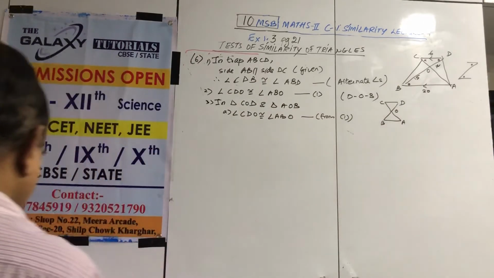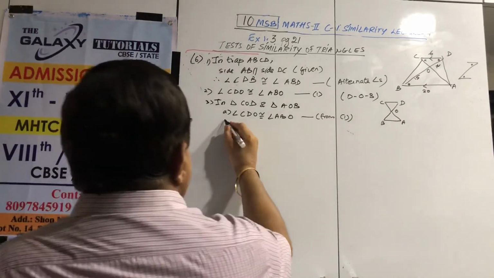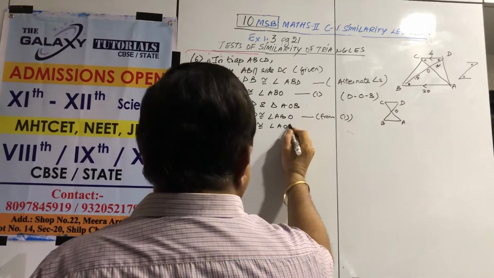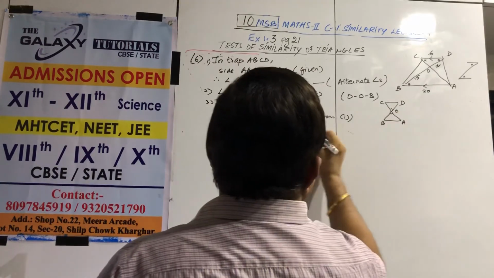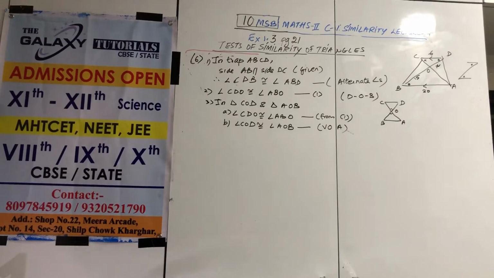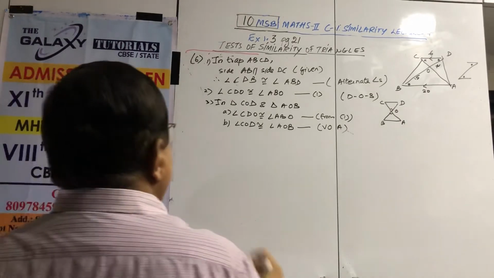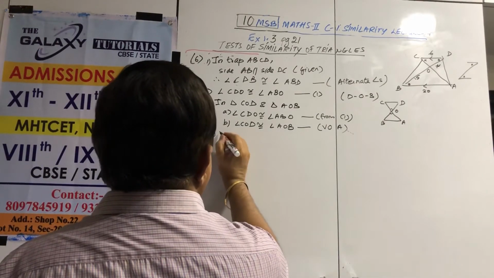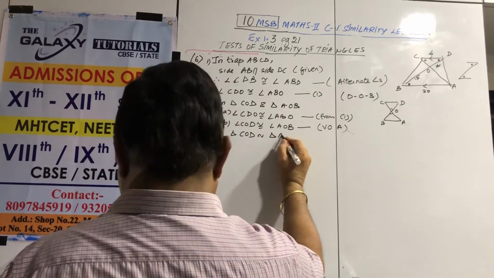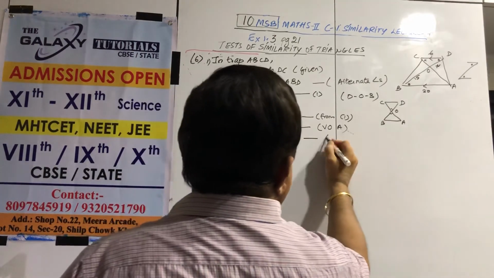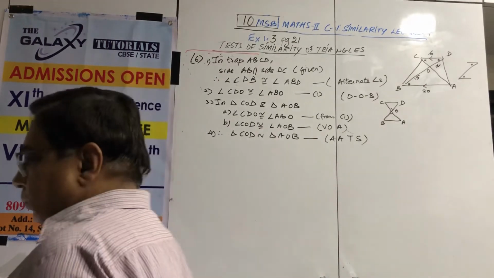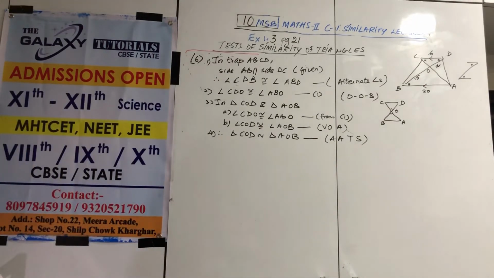Number 2, angle COD is congruent to angle AOB, vertically opposite angles. And third, we do require. Therefore, triangle COD is similar to triangle AOB by AA test of similarity of triangles. So we have proved that the triangles are similar.